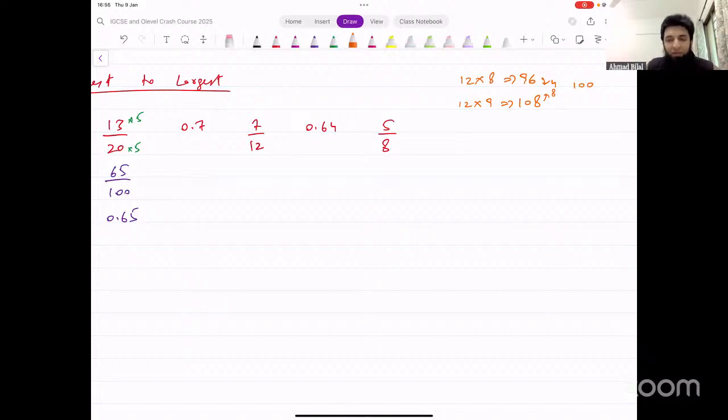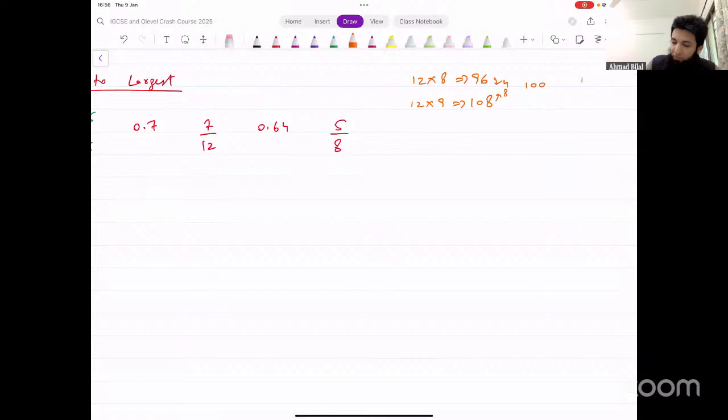If you see the ratio, what is the ratio? 4 to 8? It's 1 to 2 ratio. That means from 96 to 108, if you divide this into 3 parts, this is where 100 is, this is where 104 is. 96 is coming when you multiply 12 by 8. 108 is coming when you multiply 12 by 9. And 100 is coming at this place. So you're converting it to 3 different parts, right? 1 part, 2 part, and 3 part.